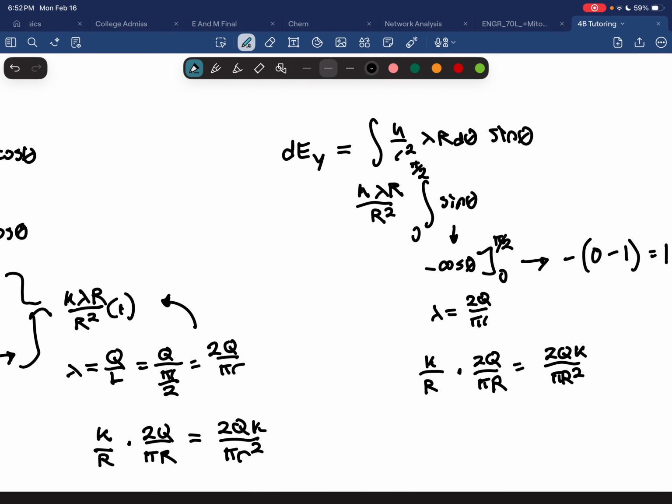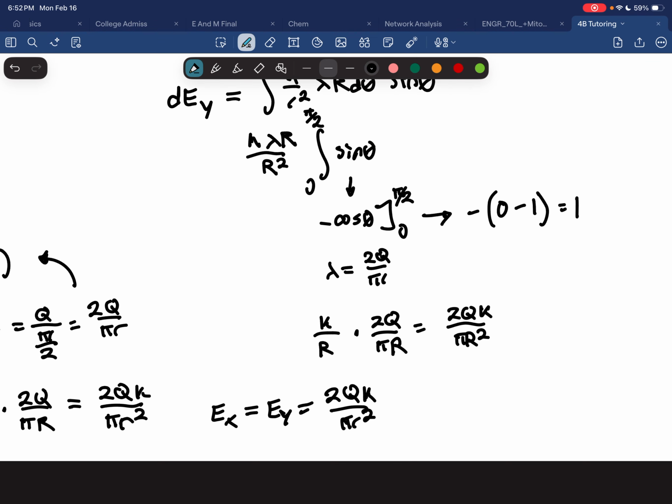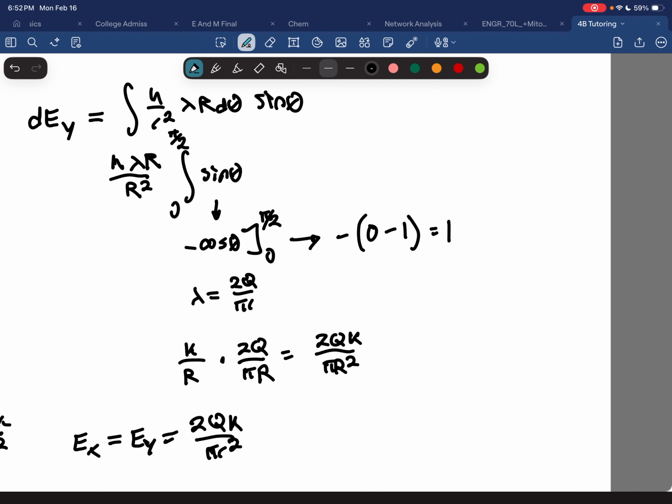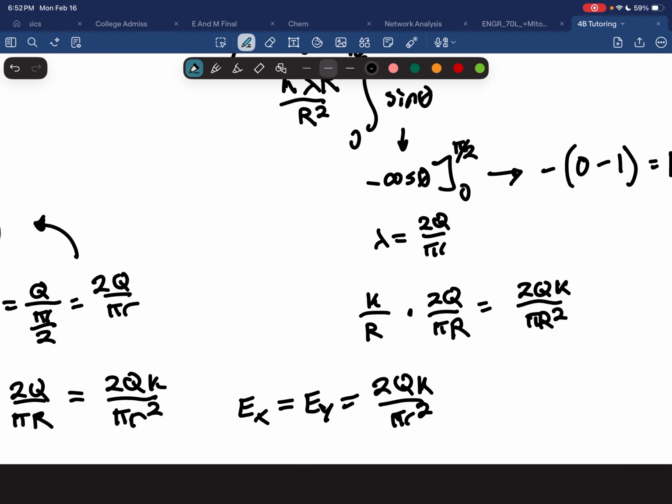And so we have E sub x is equal to E sub y, which is equal to 2q k over pi r squared. And so to take the magnitude of this, or I suppose, I don't think so, this would actually be our final answer. Sorry.